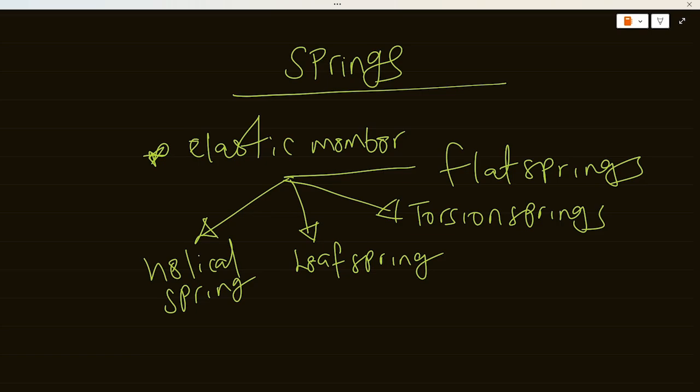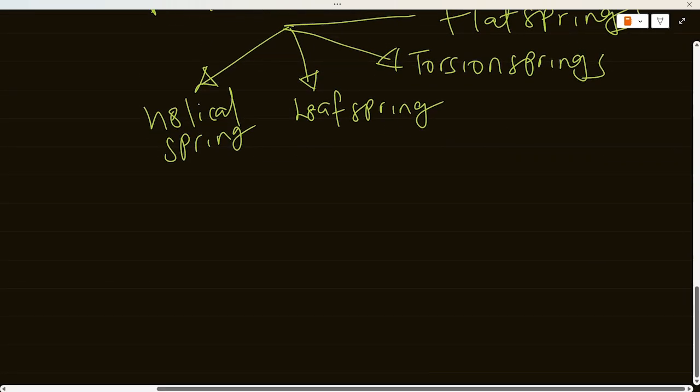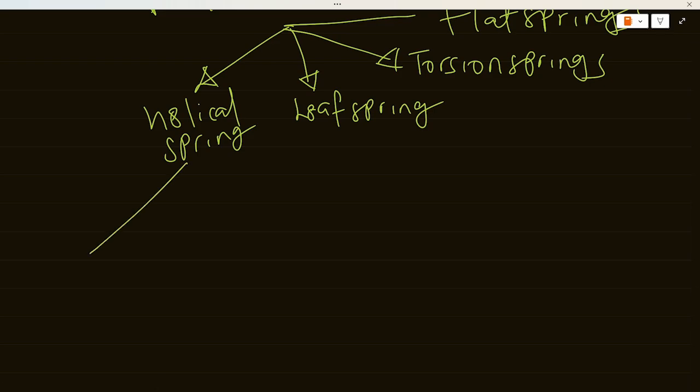Of course, we can further break this down. Under helical springs, we have open-coiled springs. Forgive my phonics, guys.